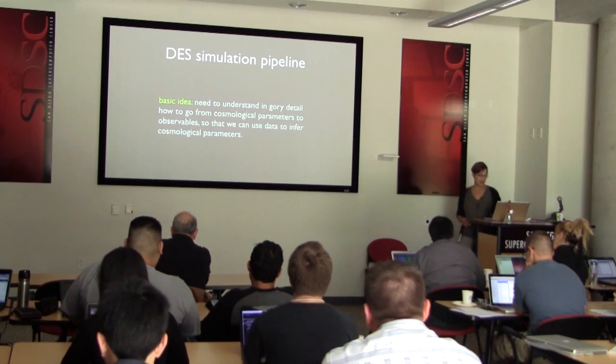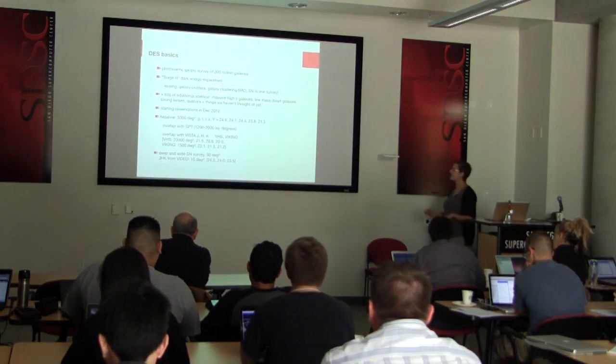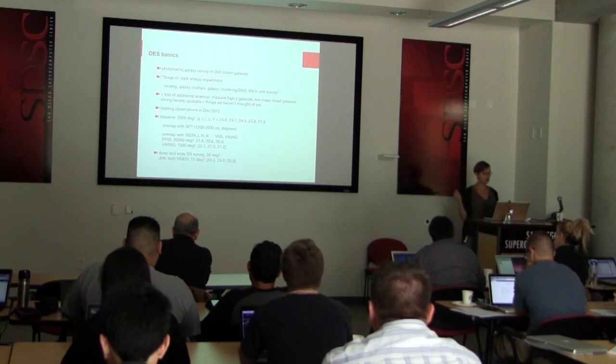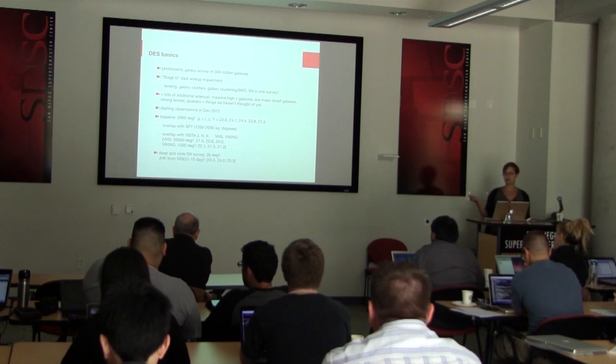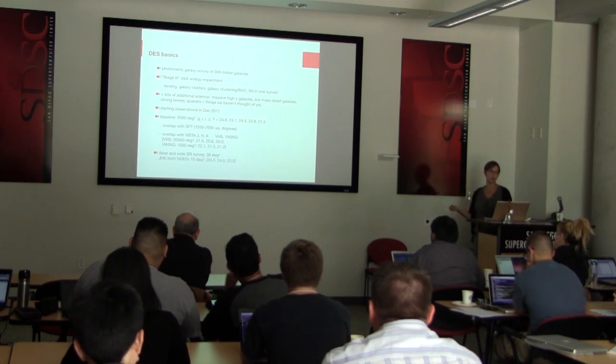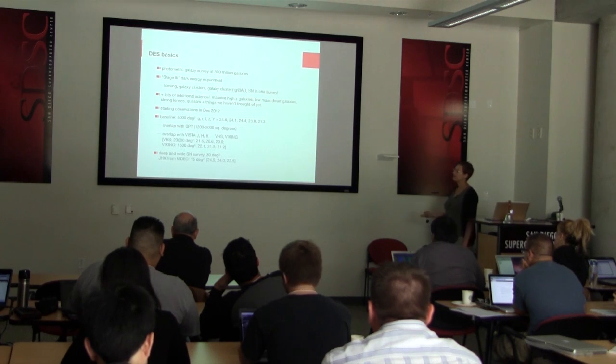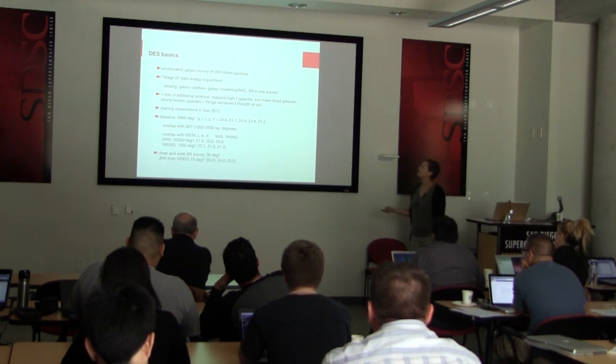I just flashed this very quickly because I mentioned it yesterday. I just wanted to have in my slides the basic statistics of DES. The key point here is that it's the first experiment that's trying to do all-in-one: galaxy lensing, shear statistics, galaxy clustering, galaxy clusters, and supernovae.